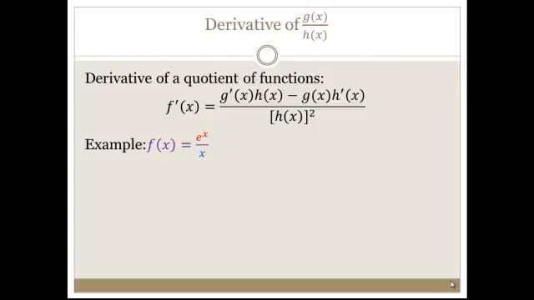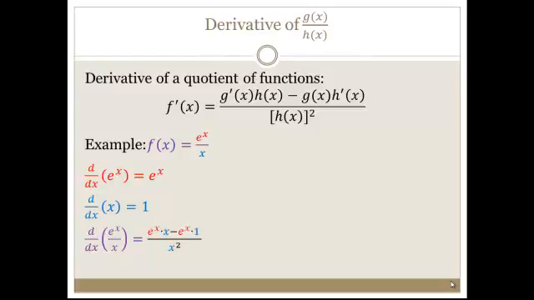As stated before, it's easy to see when we have a quotient of functions, and it's easy to tell what our top function g of x is and what our bottom function h of x is. Here we have that g of x is e to the x and h of x is simply x. Now, in order to compute the derivative of e to the x over x, we need to compute the derivative of e to the x, which is e to the x, and the derivative of x, which is 1.